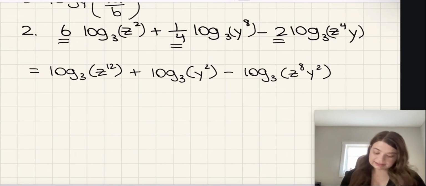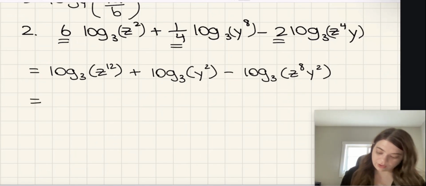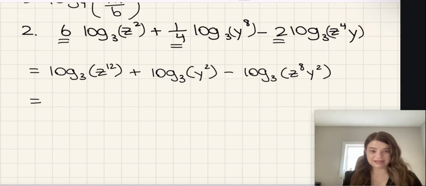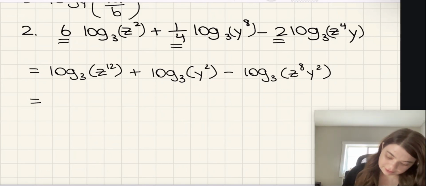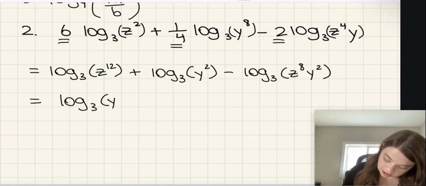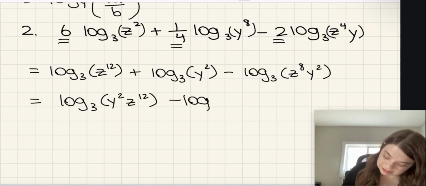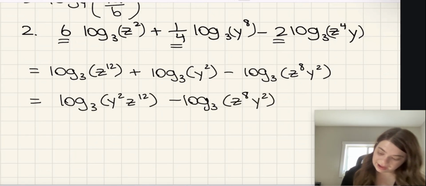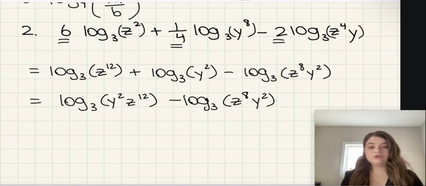Okay, next I'm going to say, well, these two logarithms have the same base and we're adding them together, so we should multiply what they're of. So logarithm base 3 of y squared z to the power 12 minus log base 3 of z to the power 8 y squared, like that. And then I'm going to divide them, right, via the quotient rule.